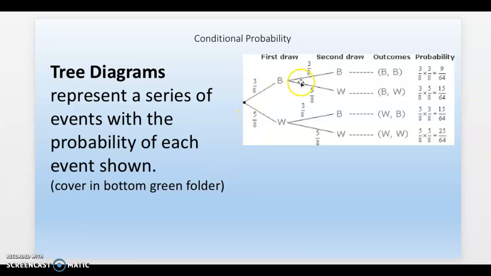It kind of branches out like this, like a tree. This column right here is the conditional probability. And you notice we take the probability of the first thing happening times the conditional probability to get the probability that they both happen. All right, and that's where the formula comes from, because we just divide it out. And we'll talk about that in the second video.